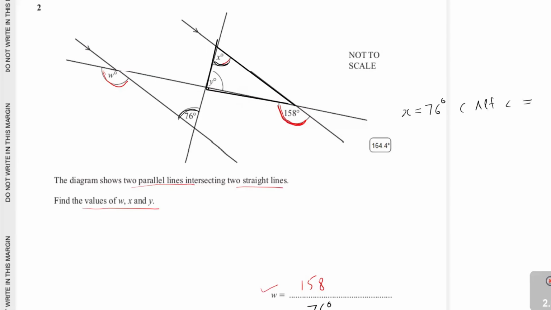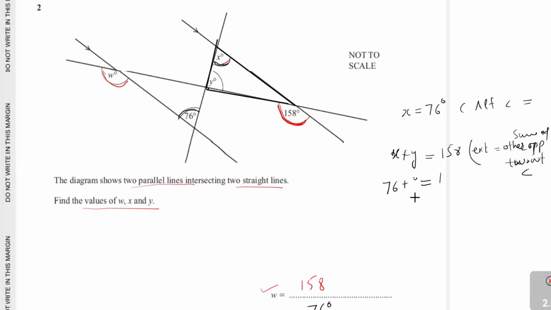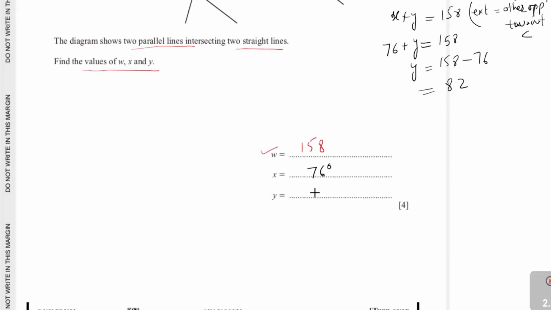Therefore, we can write x plus y equal to 158 because the exterior angle is equal to the sum of the two opposite interior angles. x here is 76, plus y we write as it is, and this is equal to 158. y equals 158 minus 76, and this will be equal to 82 degrees. This is the answer.